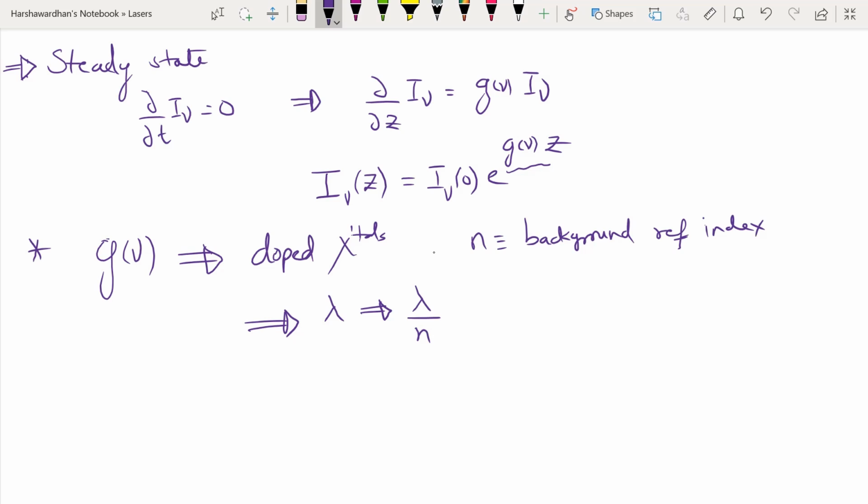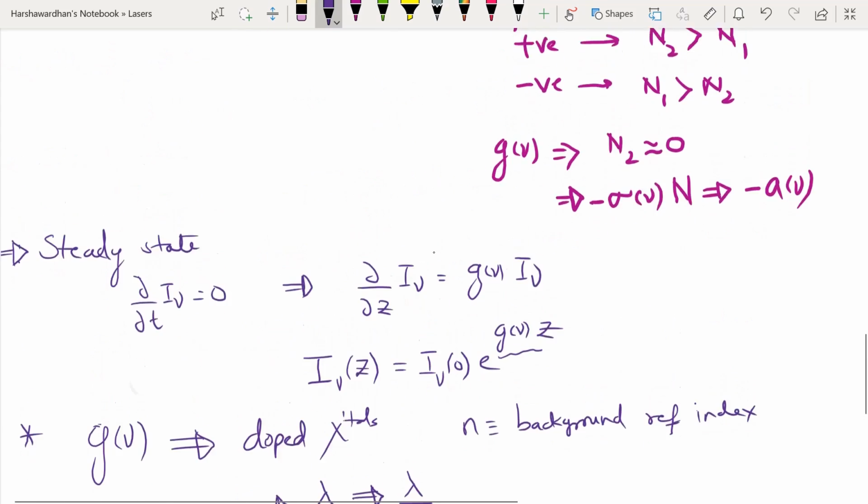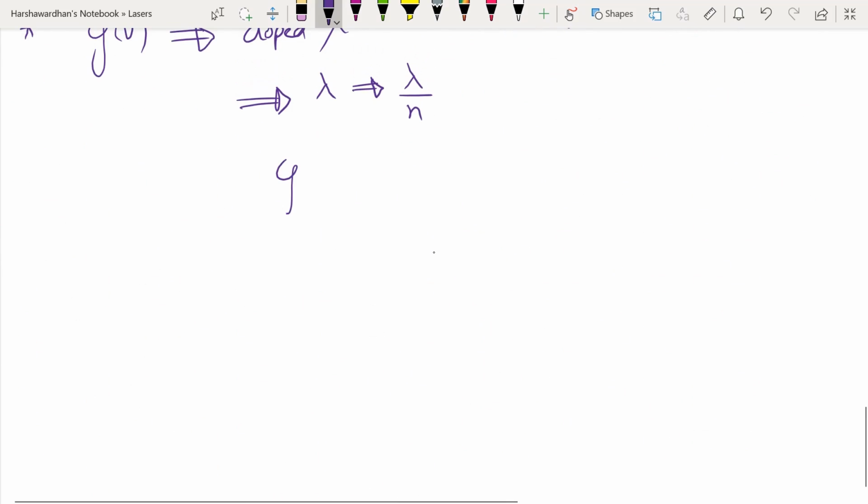If you do that, you will see that your gain coefficient g(ν) simply takes the following form: it becomes lambda squared by 8 pi, and there is an n squared now sitting here.